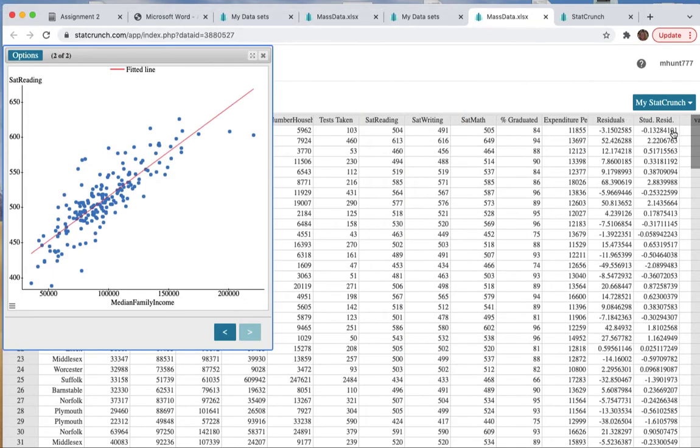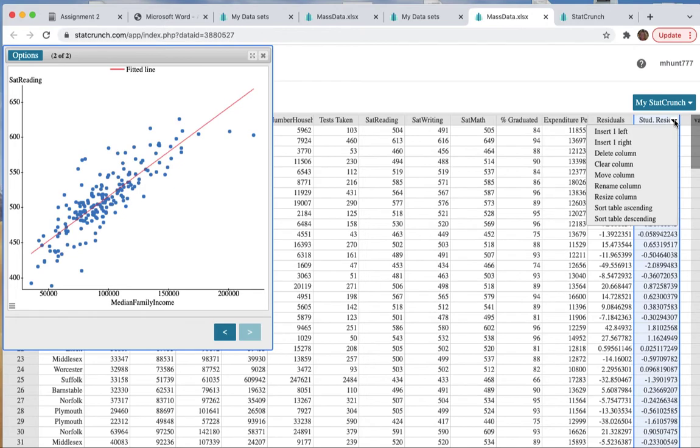Now, we have both residuals and student standardized residuals. I'm going to ask you on your assignment to look at the student standardized residuals, and what I would like you to do is sort the table ascending based on the student standardized residuals.